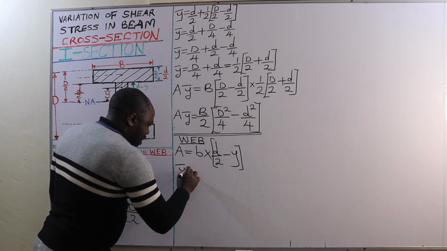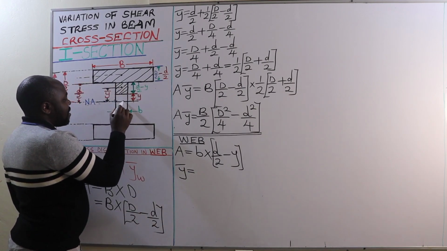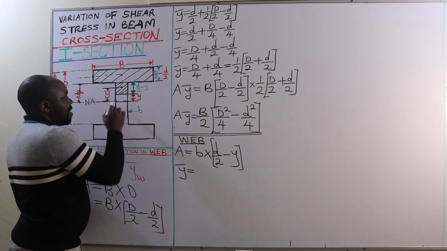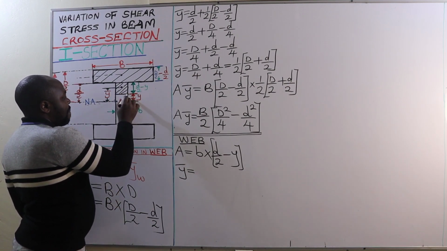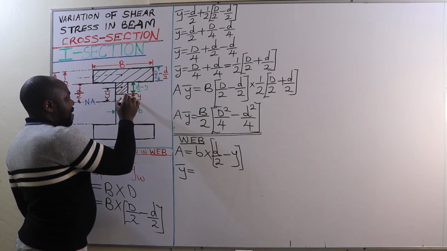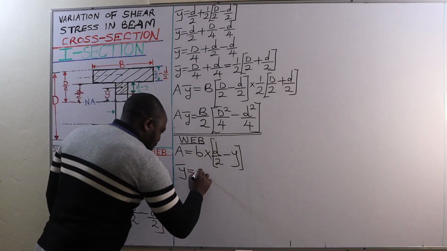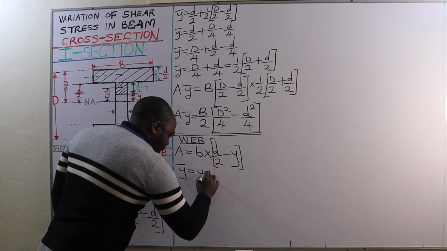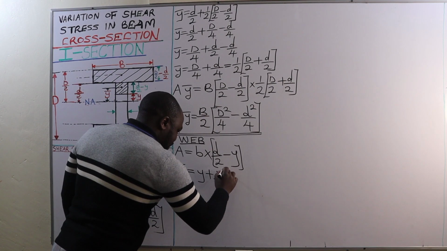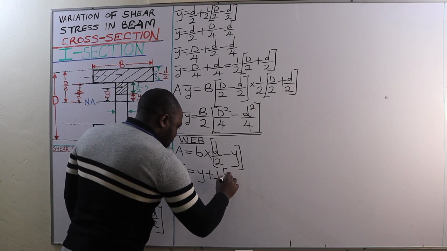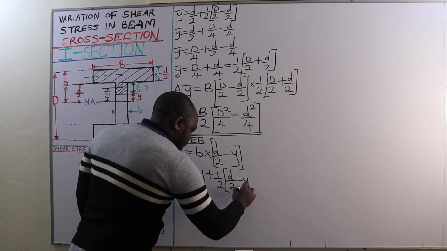Bar y for the web, that is the distance from the neutral axis to the center of gravity of the shaded web region, is going to be y plus half the depth of this shaded web section, which is d over 2 minus y.